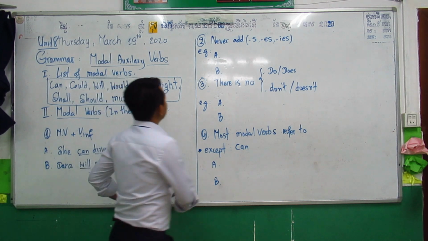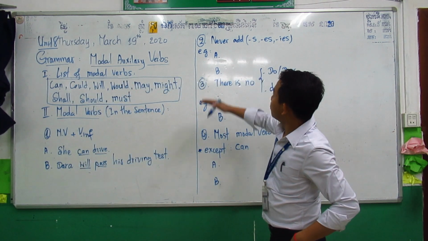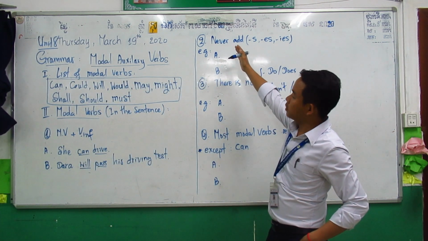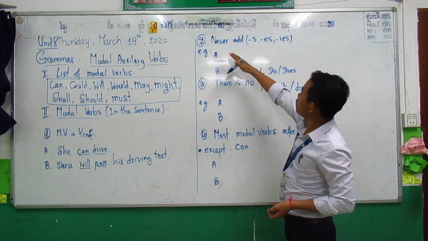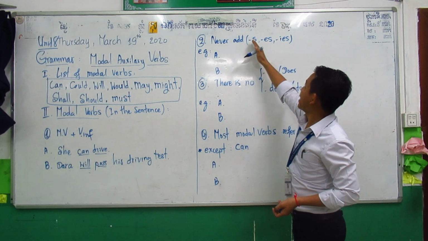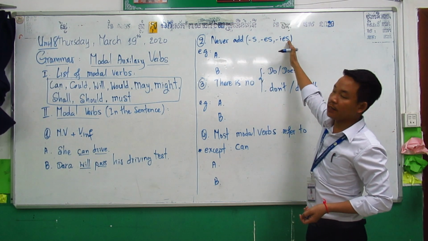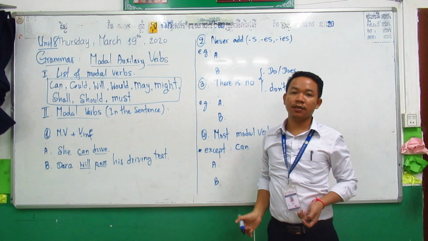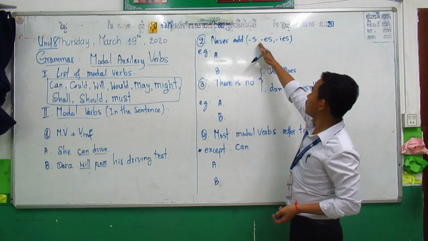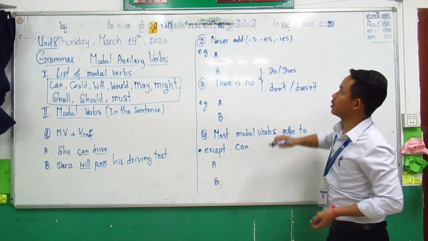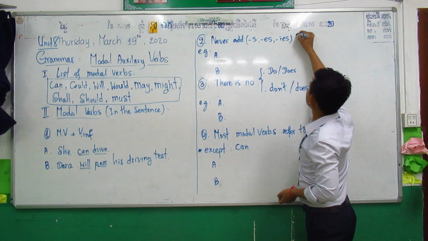Okay, so what is the second use? Number two, we use the modal verb in the sentence. Remember, number two, we want to stress that you never add s, es, or ies, especially for present tense. Here we refer to the third person singular, right?